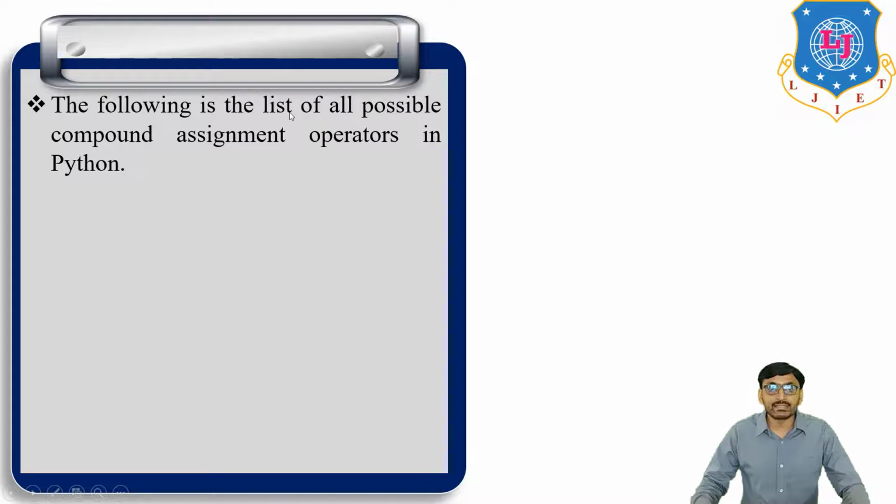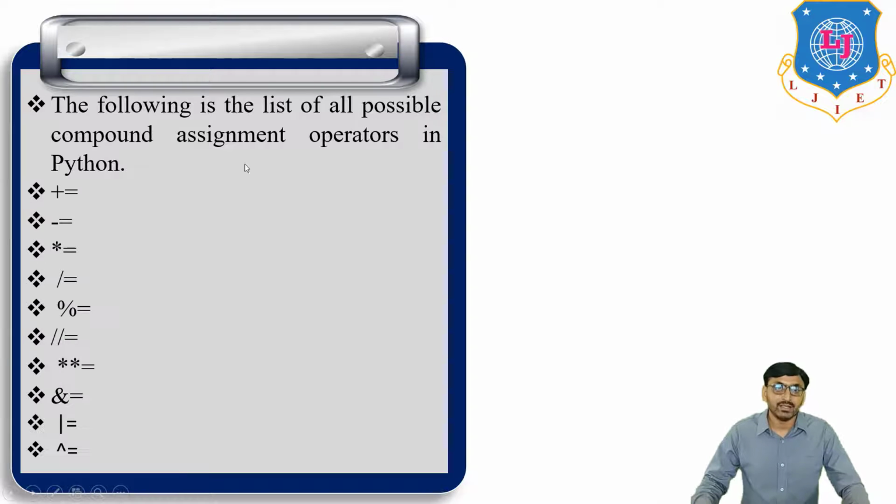The following is the list of all possible compound assignment operators in Python. First plus equal to, second minus equal to, third multiply equal to, then divide equal to, then modulo equal to, floor division equal to, then power equal to. For example, x star star equal to 2 means x is equal to x star star 2. So all these symbols are compound assignment operators.